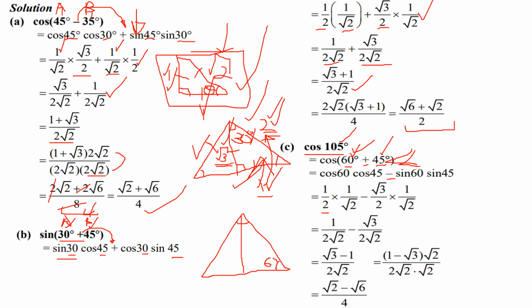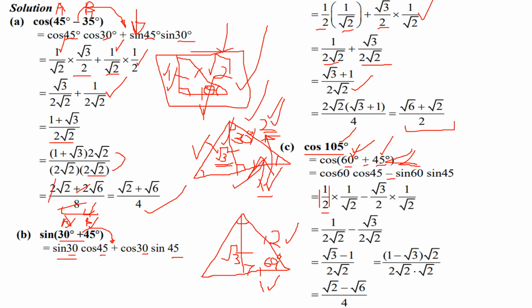Once we use the 60 degrees, this side is going to become our adjacent, which is 1. And this is going to be our opposite, which is always root 3. And the hypotenuse is always 2. So how do you get cos 60? Cos 60 is equal to adjacent divided by hypotenuse. Our adjacent here is 1, hypotenuse is 2. That's why you're having a half here.